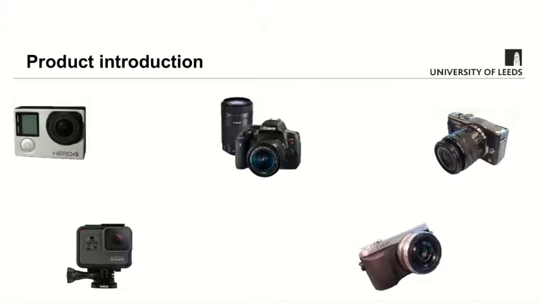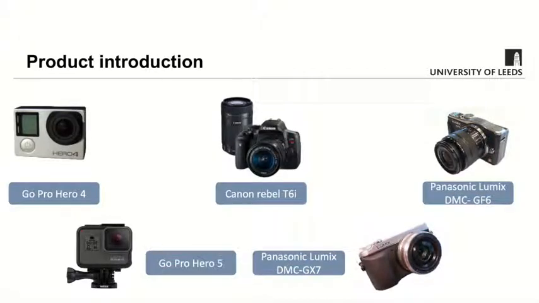Before starting with our campaign, we first chose the products that we want to sell. For round 3, we chose GoPro Hero 4, GoPro Hero 5, Canon Rebel T6i, Panasonic Lumix GF6, and Panasonic Lumix GX7.